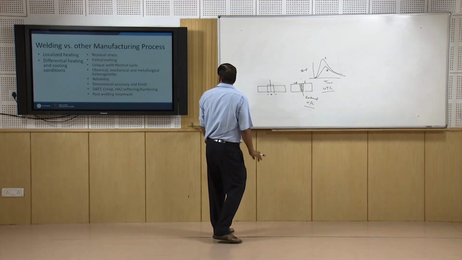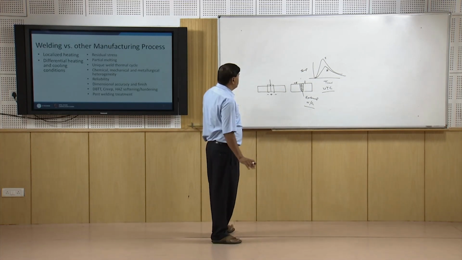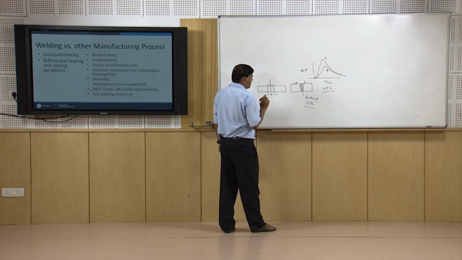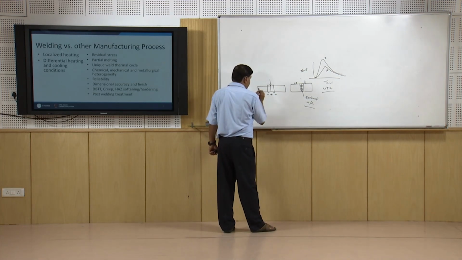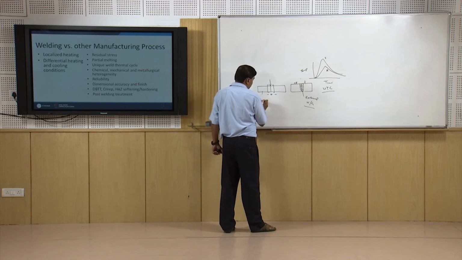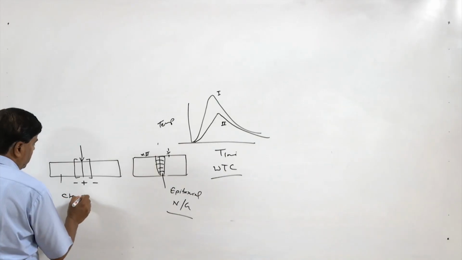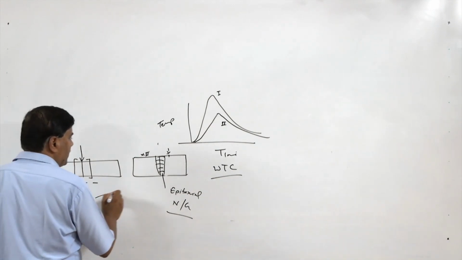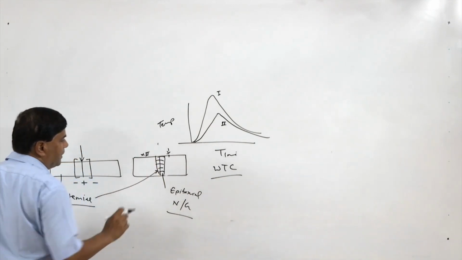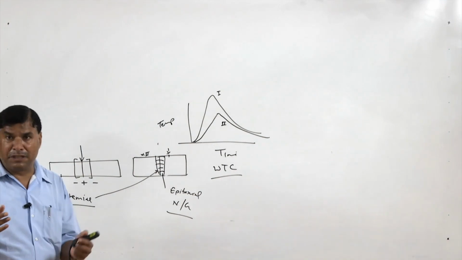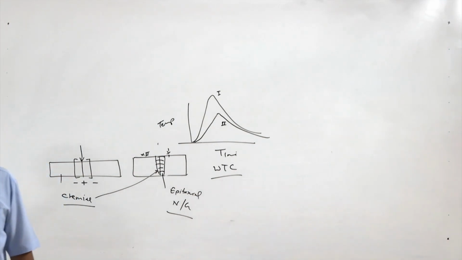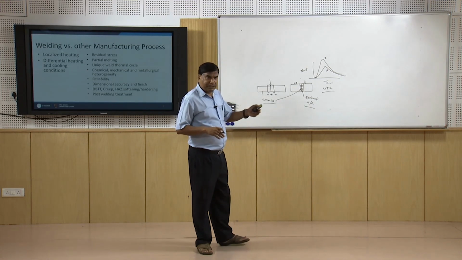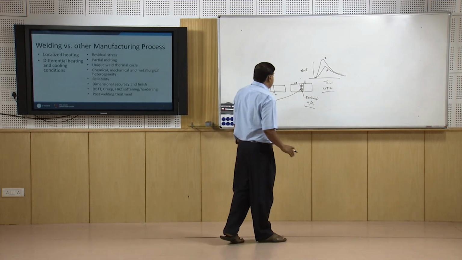Then chemical, mechanical and metallurgical heterogeneity is another thing. Each weld joint differs in respect of these three parameters. For chemical heterogeneity, the zone which fuses offers a different chemical composition even from the same base metal, because some of the elements either evaporate or go with the slag after interaction with the gases in the arc environment.